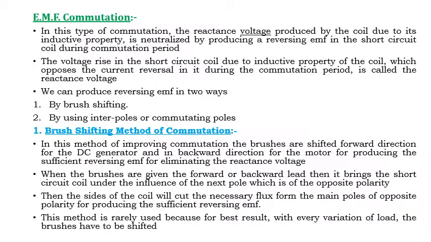Now there is one more method, that is EMF commutation. In this type of commutation, the reactance voltage which is produced by the coil due to its inductive property is neutralized by producing a reversing EMF in the short circuited coil during the commutation period. This reactance voltage you studied in the previous video.